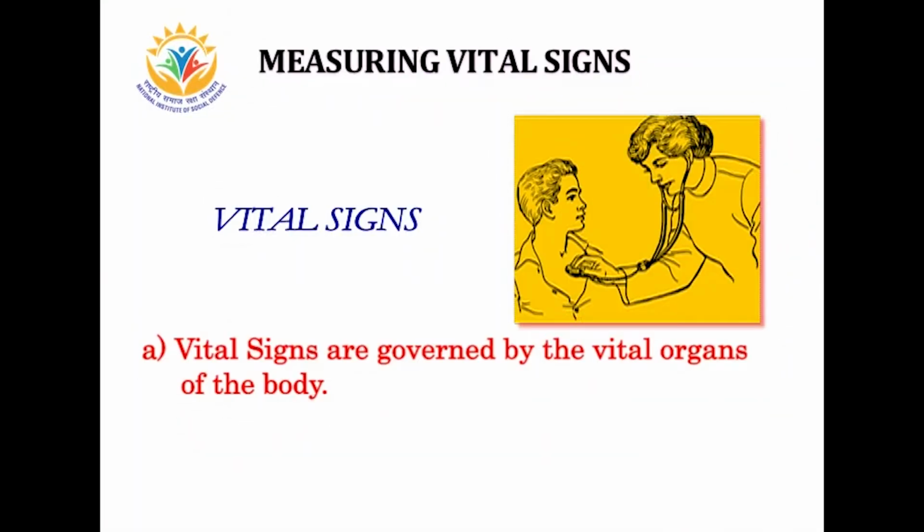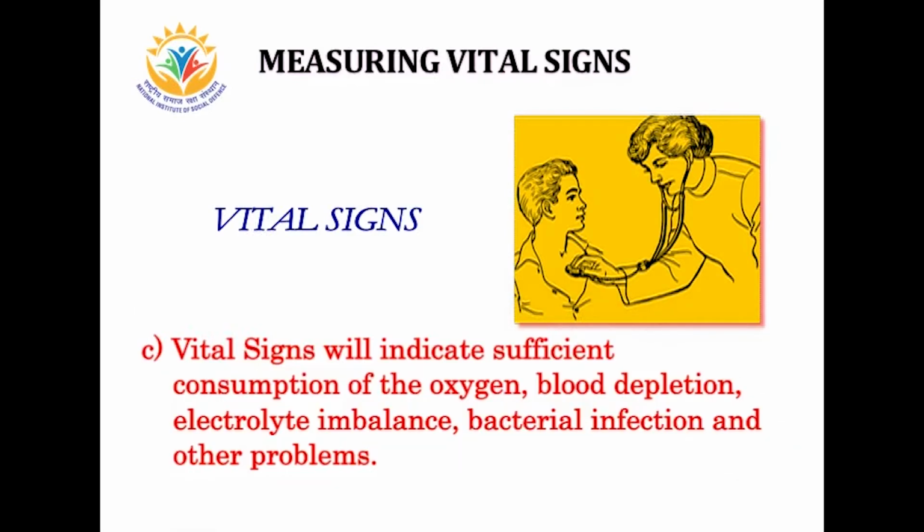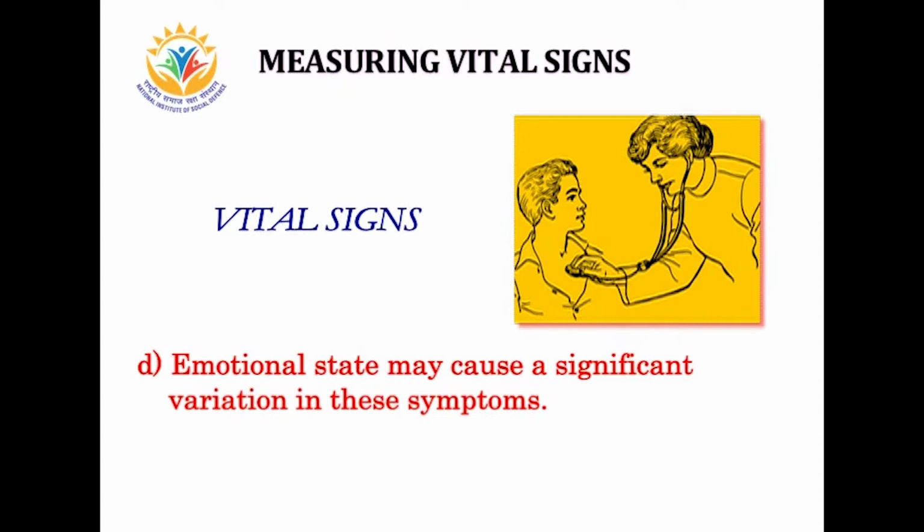They are called vital signs because number 1, vital signs are governed by vital organs of the body. Number 2, they give an indication of the condition of the patient. They will indicate insufficient consumption of oxygen, blood depletion, electrolyte imbalance, bacterial infection or any other problem. Emotional state may cause a significant variation in these signs.